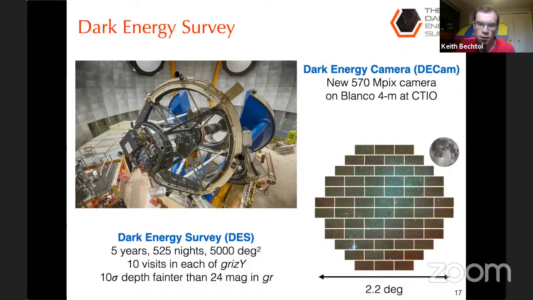We had an extension due to weather, mapping out 1/8 of the sky, about 5,000 square degrees, about 10 visits in each of the grizY filters, and reaching a typical depth of about 24th magnitude in the g and i filters, which are some of the primary filters that we use for studying the Milky Way halo. Again, this was possible because the DECam mounted on the Blanco has this wide field of view and excellent sensitivity.